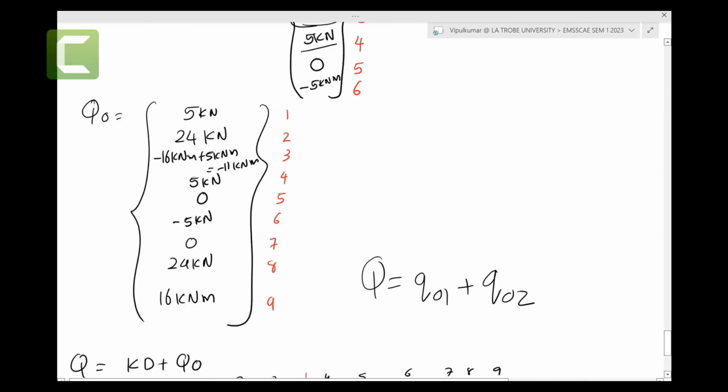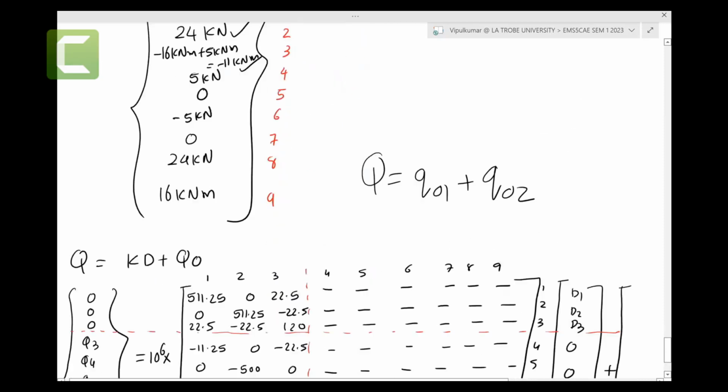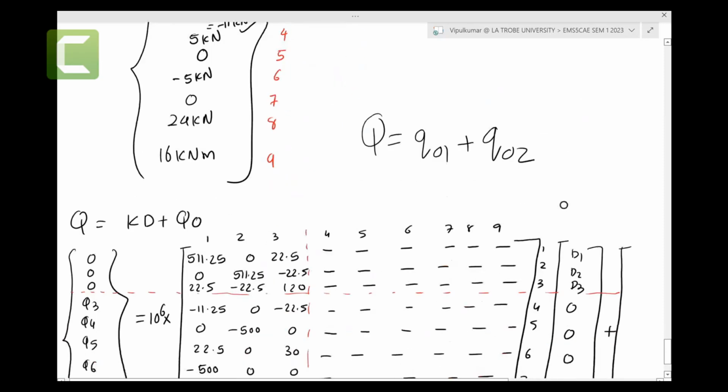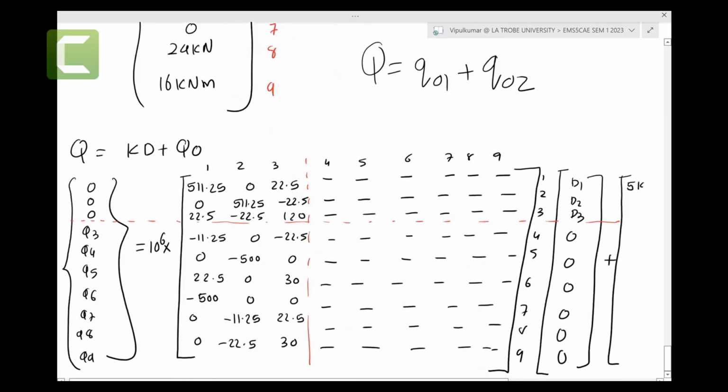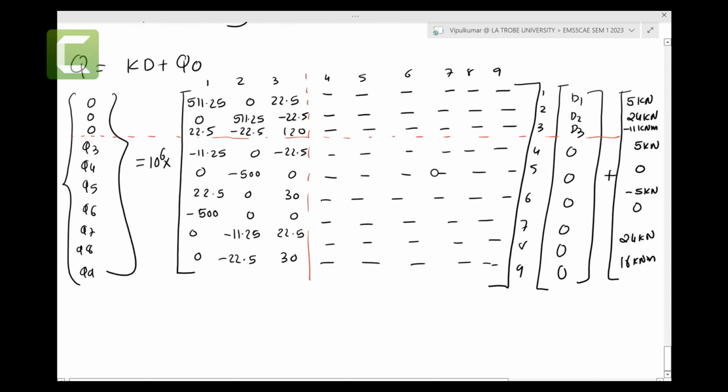We just got Q0: 5 kilonewtons, 24 kilonewtons, minus 11 kilonewton meters, 5 kilonewtons, 0, minus 5 kilonewtons, 0, 24 kilonewtons, and 16 kilonewton meters. Right, so that is all your Q equal to KD.